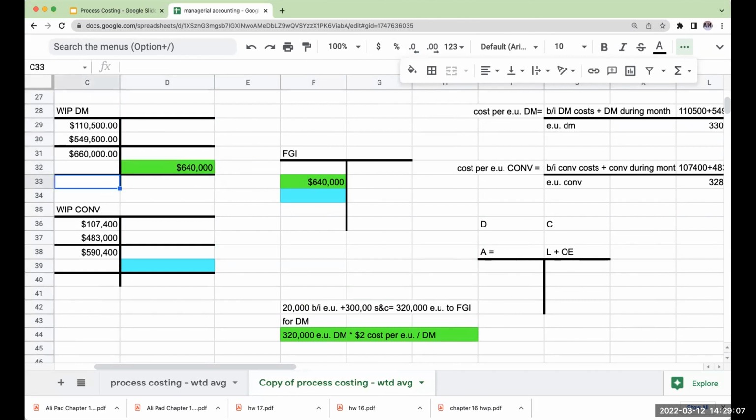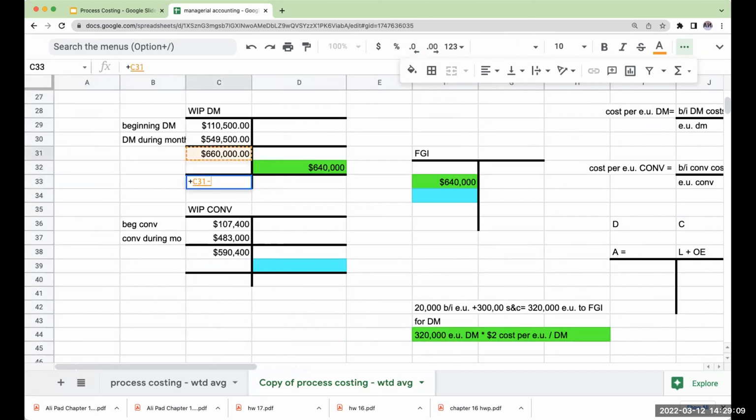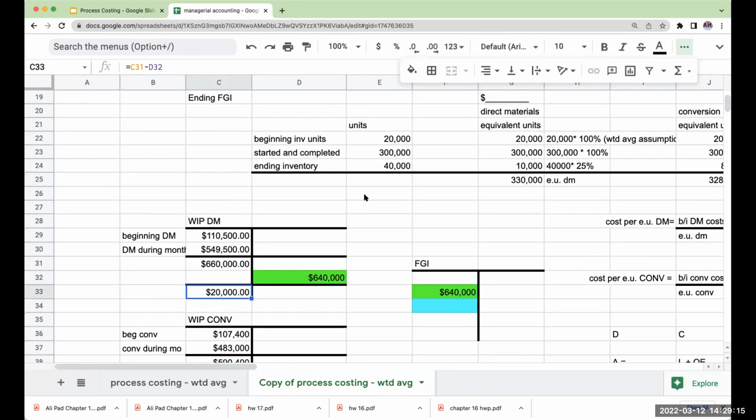Okay. Now, let's just take a look over here. I'm left with $20,000 in my work in process direct materials. Do we know if this is correct? Well, the way we're going to figure this out is how many equivalent units do I have in my ending inventory? My ending inventory equivalent units for direct materials is 10,000.